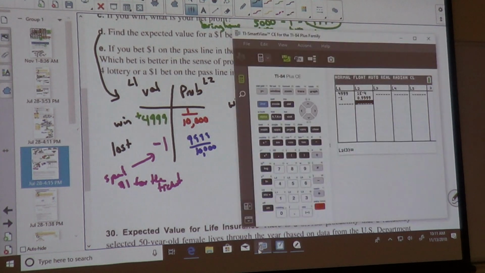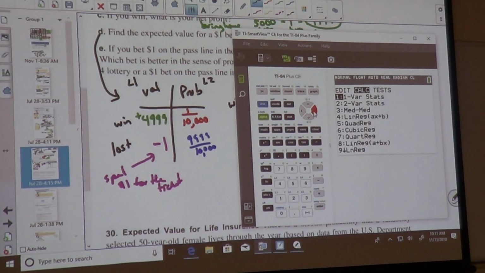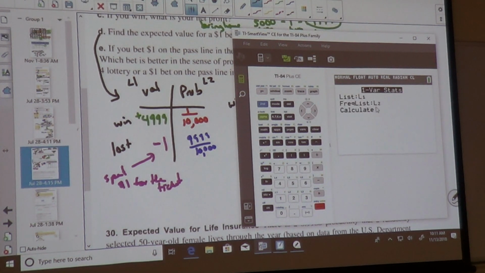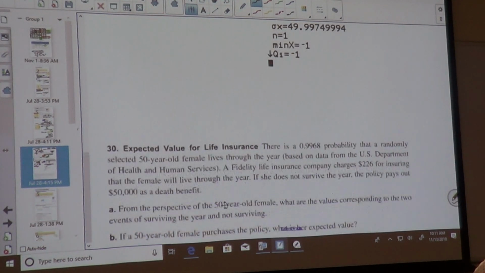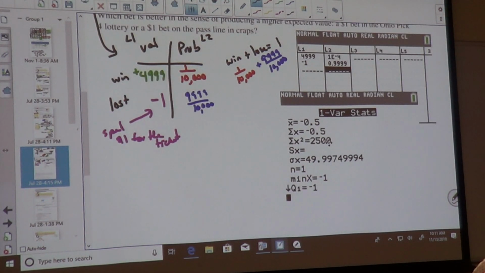Then I'm going to do stat calculate. I need to know the mean, which is one variable stats. I need to make sure there's an L1 and an L2, because I have two lists. And I'm only worried about the mean, because the mean is the same as expected value.